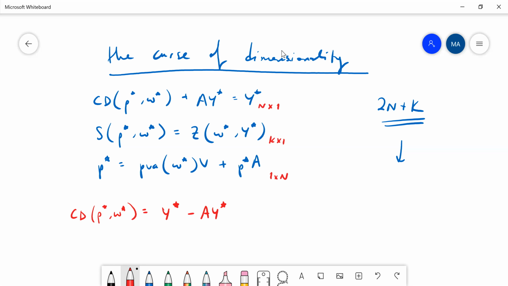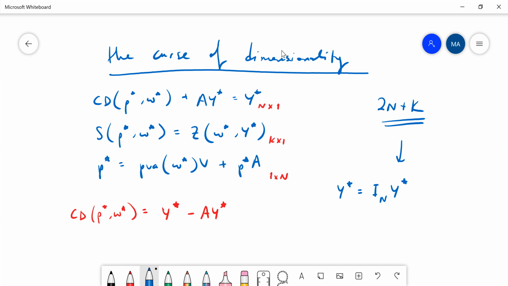Well, it turns out that under certain conditions, I can write y star as a function of p star and omega star. Okay. How do I do that? Well, first I should realize that y star could actually be written as In y star.